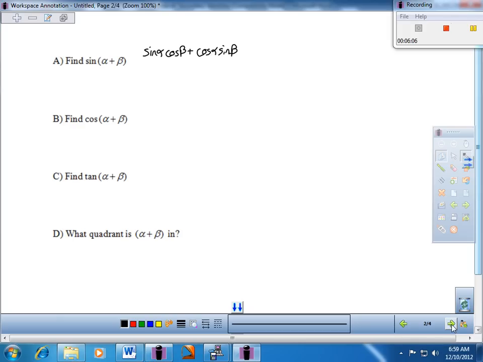All right, so let's give it a try. Sine of alpha, everybody, is 8 over 17. Okay, that was given. Cosine of beta, also given, negative 5/13. Okay, and then a plus. And then cosine of alpha, I think we solved for, and I got negative 15/17, if I remember correctly there. Hope I have that.